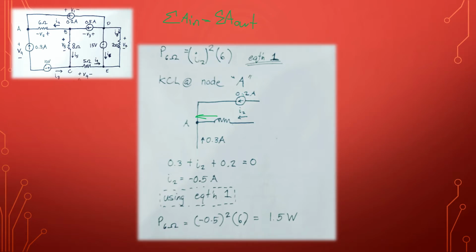We also have 0.2 amperes going into node A. You add those all up and you get the value of I2, which is negative 0.5 amperes. So using equation 1, we can get the power drawn by this resistor. Negative 0.5 squared times 6 is equivalent to 1.5 watts.